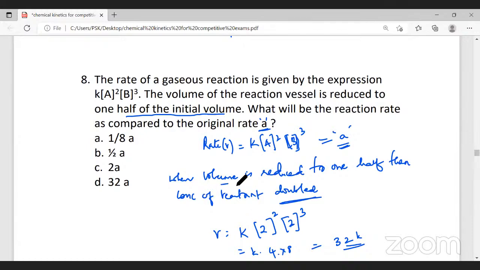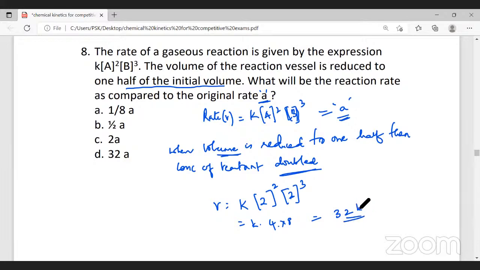Just by decreasing the volume by 50%, the rate of the reaction increases 32 times. Hence the answer for this question is option D.